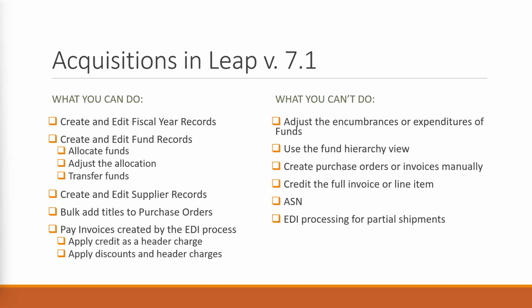However, fund records are still missing the ability to adjust the encumbrances and expenditures the way you would do in the client. Additionally, the fund hierarchy view has not been added to LEAP yet, so funds can only be viewed in alphabetical order and not in the manner that displays the hierarchy of the parent and the summary fund.